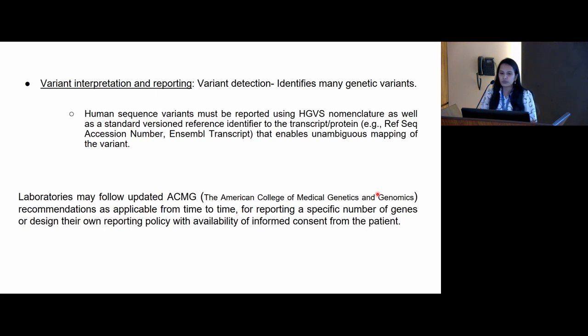Human sequence variants must be reported using HGVS nomenclature as well as a standard versioned reference identifier to the transcript or protein, that is RefSeq accession number, Ensembl transcript, etc., that enables unambiguous mapping of the variant. The laboratories may follow updated ACMG guideline recommendations, as applicable from time to time, for reporting a specific number of genes, or design their own reporting policy with the availability of the informed consent of the patient.